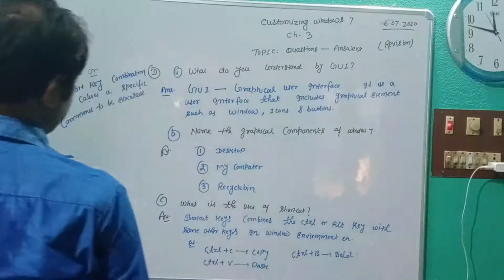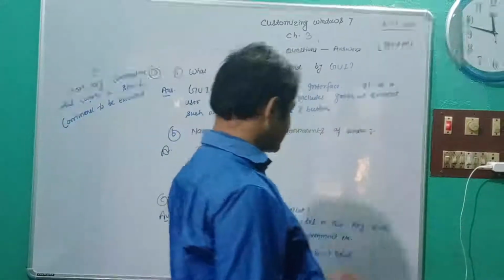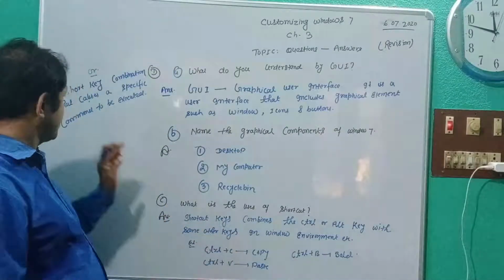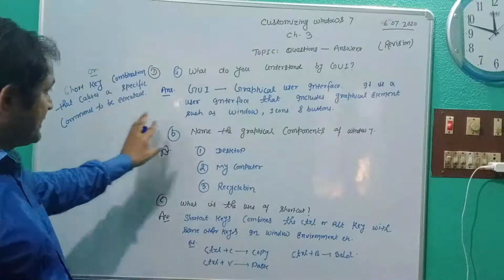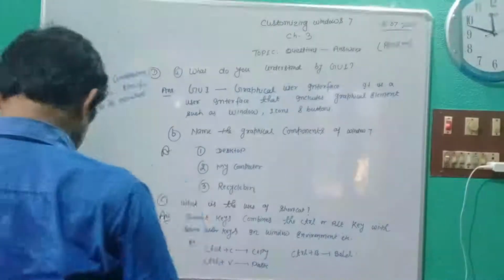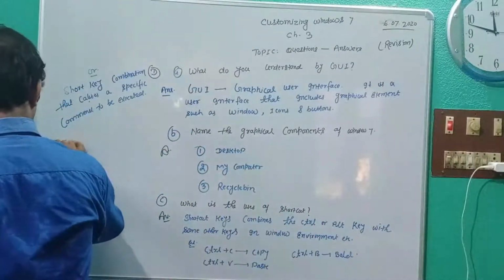This is the shortcut key. What is the use of a shortcut key? A shortcut key combines the Control or Alt key with some other key in the Windows environment, and it is a key combination that causes a specific command to be executed. And now my last question.